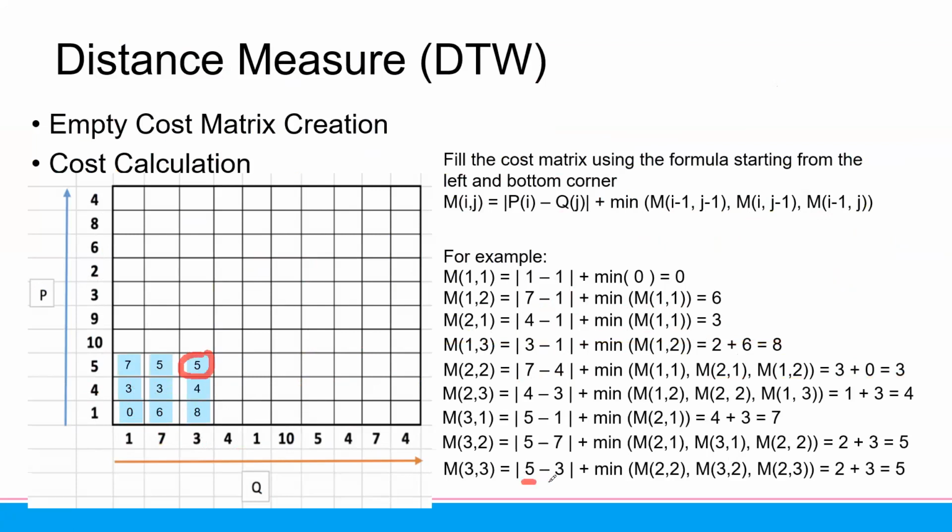Here we have 5 minus 3, and then plus the minimum of this one, and this one. Then we have the option whether it is 5 or 3 or 4. So the minimum is 3. We have the new value 2 plus 3, which is 5, and we put this part into the cell. Okay.